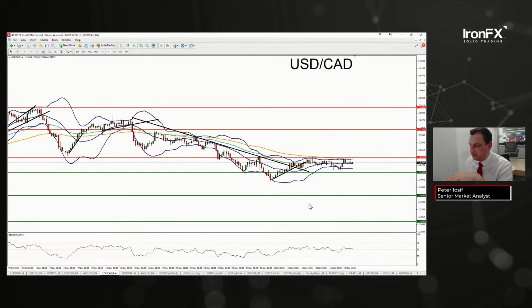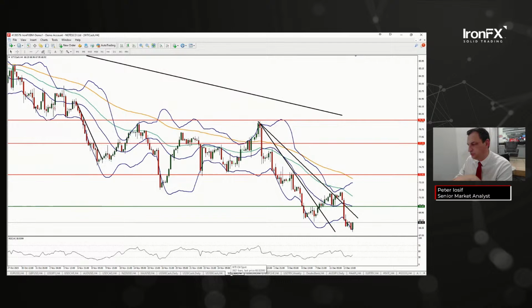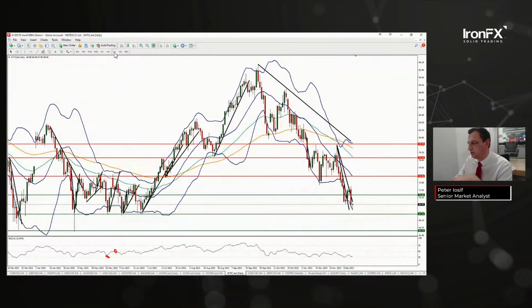A second element of interest for the Canadian dollar would be oil prices, given Canada's status as a major oil-producing economy. Let's have a look at the chart of WTI. Oh, it's still falling. Yep, bearish tendencies are still there.